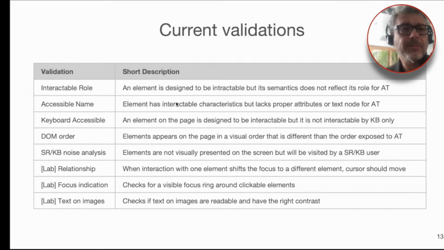So we've seen before the interactable role, and as I mentioned before, it described the fact that a UI element on the page doesn't convey its interactive role to assistive technology the way it should. The second is accessible name, which basically means that there is an interactable element on the page that doesn't have an accessible name.